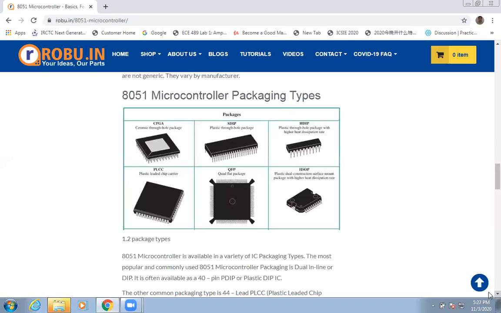8051 microcontrollers are packaged in different types of packaging such as SDIP, HDIP, PLCC, QFP, that is quad flat package, and HSOP.